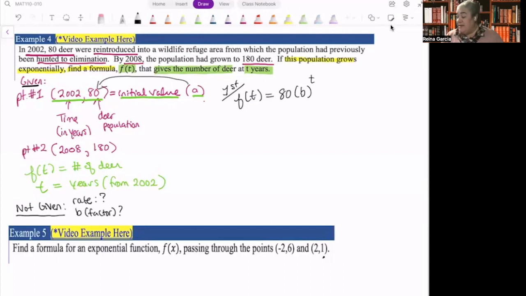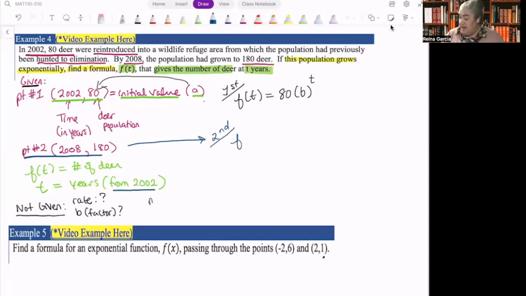Now what we can do is take the other point we were given, point number 2, and use that to substitute into what we have so far and therefore be able to find b. So we're going to take our second point and do our second step, which is to sub it into our equation, f of, this time t has to equal the number of years from 2002.